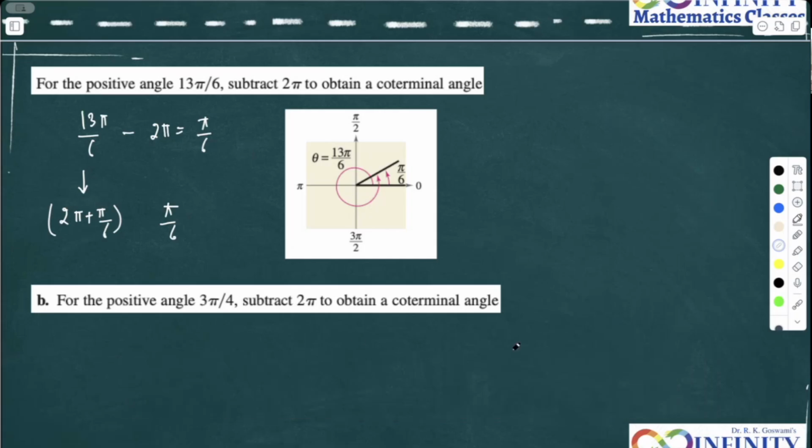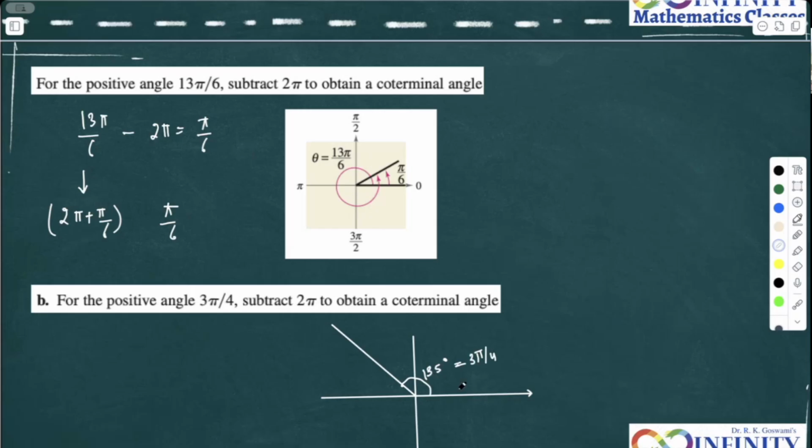So let me help you in drawing this angle. What is pi by 4? Pi by 4 is going to be 45 degrees. 3 pi by 4 is going to be 135 degrees. So I'm expecting that this is around 135 degrees, which is equivalent to 3 pi by 4.